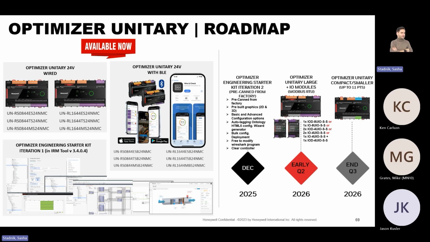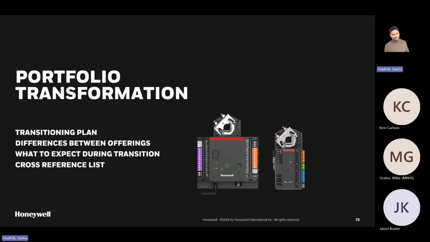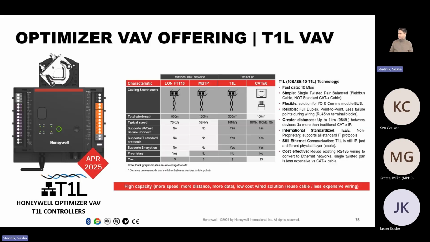The only pre-programmed controller we have in our portfolio right now is the Striker controller. The Striker controller has a problem. You cannot modify the program. So even if you want to change a little thing, you can't. So we created now the engineering starter kit, and we will see it next. I'll skip all this, but I'll come back.